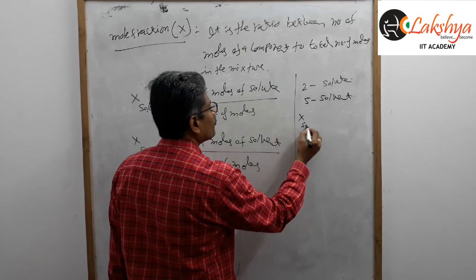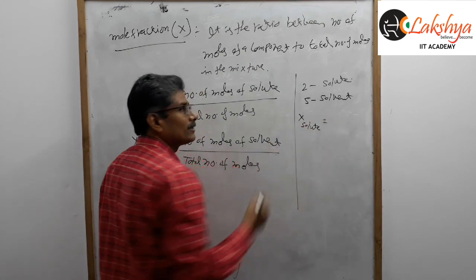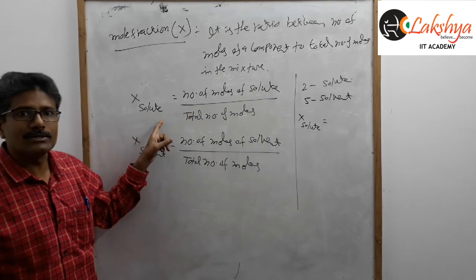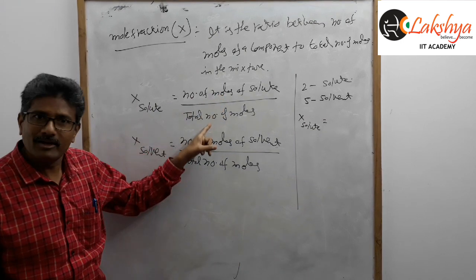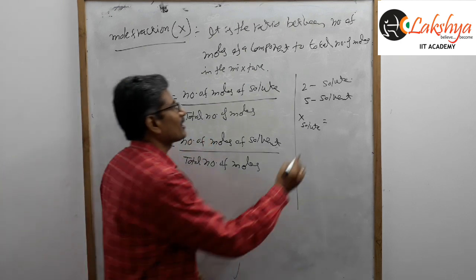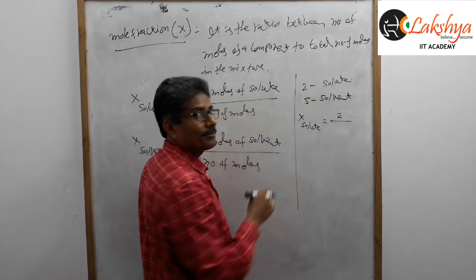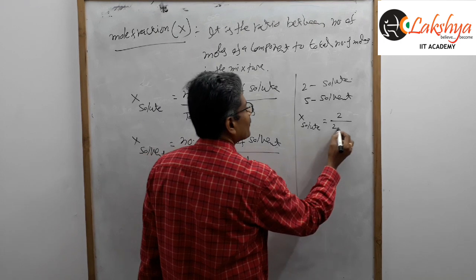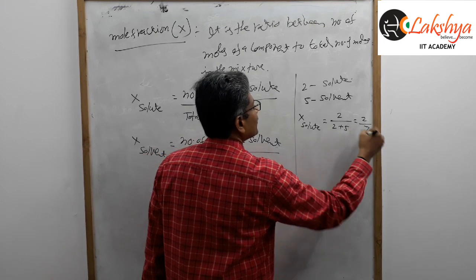What is the value of mole fraction of solute? According to the definition, mole fraction of solute is equal to number of moles of solute by total number of moles. So here number of moles of solute is 2, by total number of moles 2 plus 5, that is 2 by 7.